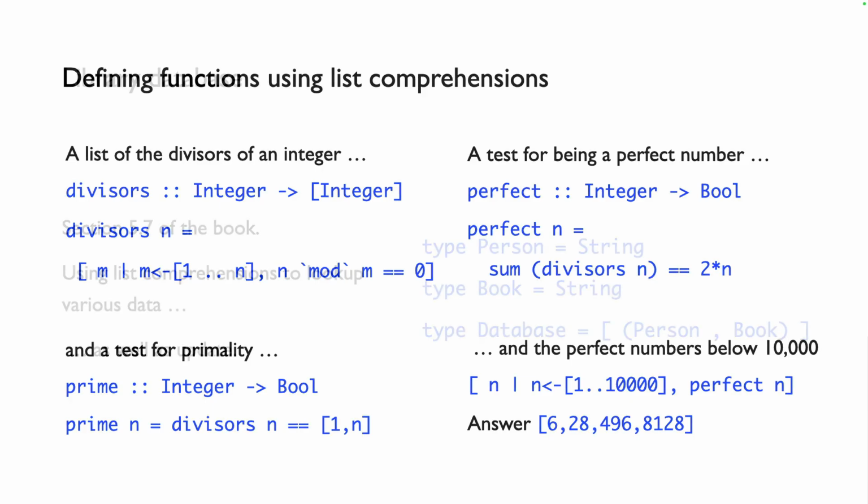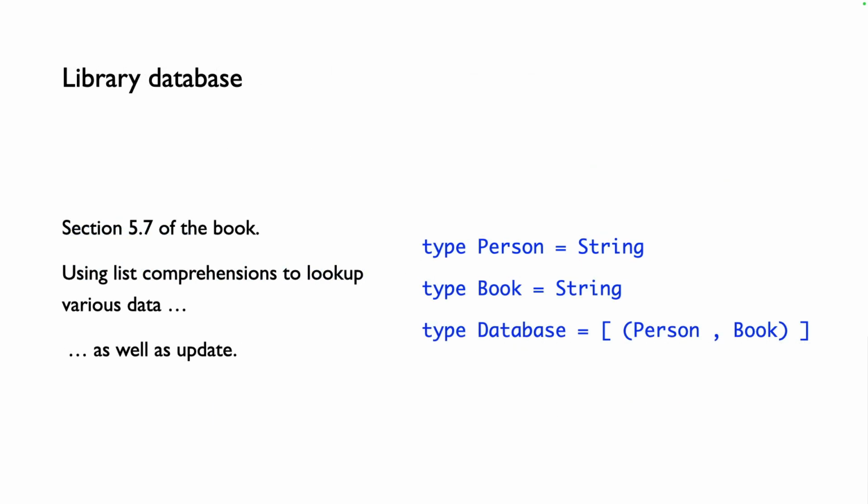And if you want to look in section 5.7 of the book, there's a whole section there devoted to designing a simple library database which uses list comprehensions to look up various kinds of data, as well as how you might want to do updates and so on. So if you want a longer example, that section of the book will cover it. But what we'll do next is look at the list API in general, but that's for the next blog.